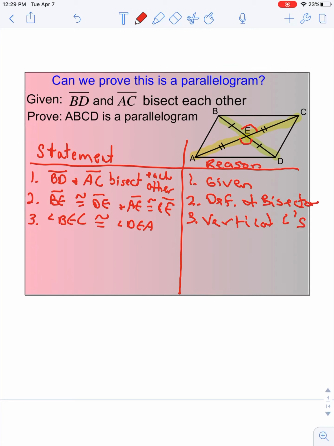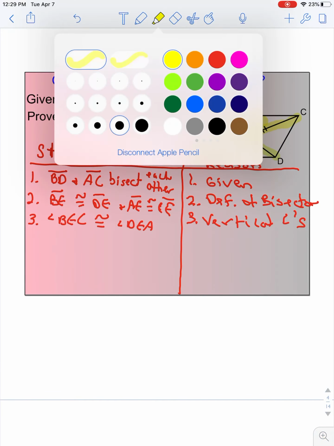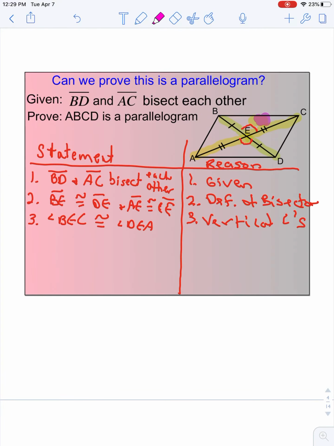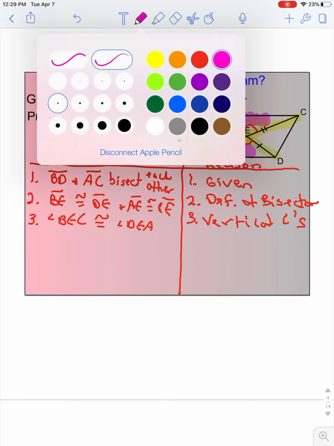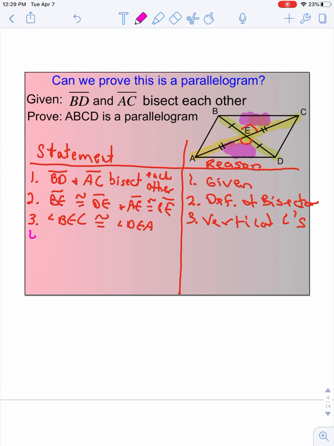Okay, well, now what I know is that this triangle and this triangle are congruent because we have side angle side. So the next thing I can state is that the two triangles are congruent.